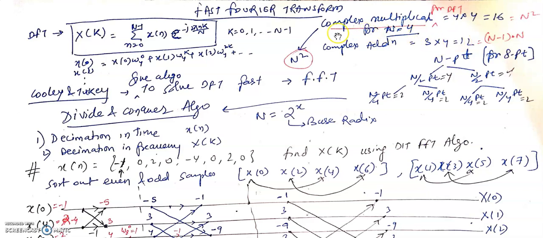In this way we can calculate the number of operations required to compute an N-point DFT. So for an N-point DFT, N squared complex multiplications are required, and N into N minus 1 complex additions are required.